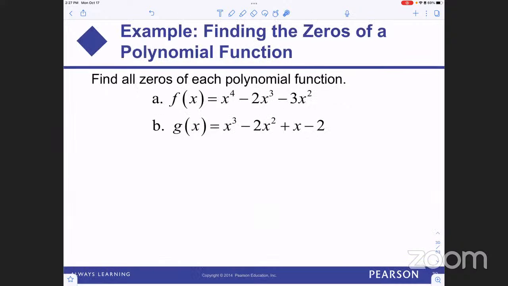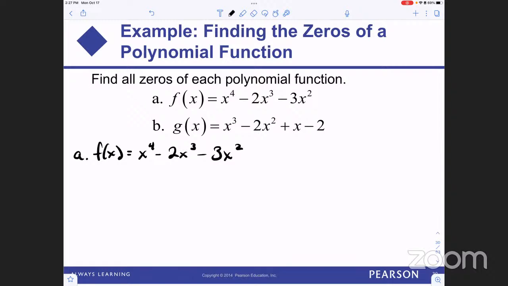So then here we're asked to find the zeros of each polynomial function. So for part A, we have f of x equals x to the 4 minus 2x cubed minus 3x squared, right?